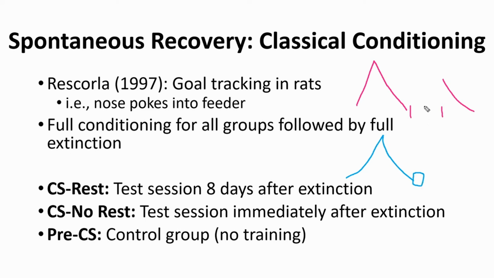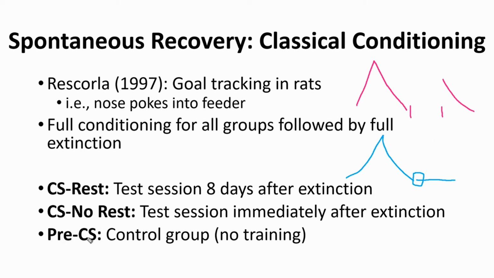So if there isn't a break, if there isn't a delay, you might predict that they would continue responding with the same level of response that they had at the end of extinction, because there is no delay. So this is going to show us, spoilers, on the next page, that this gap, this delay, is very, very important.